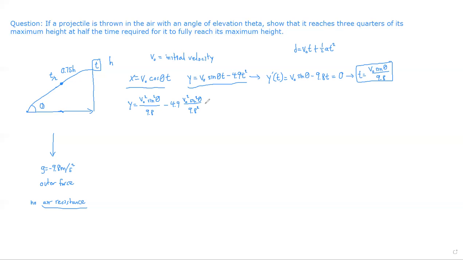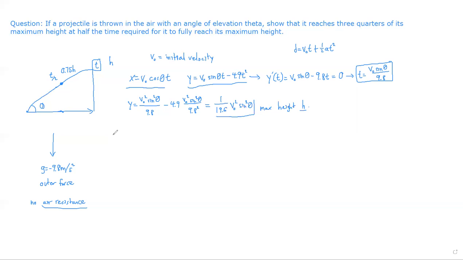I'm just plugging this into this equation right here. And when you simplify it, it simplifies to 1 over 19.6 v naught squared sine squared theta. All right, and this is your maximum height, h.